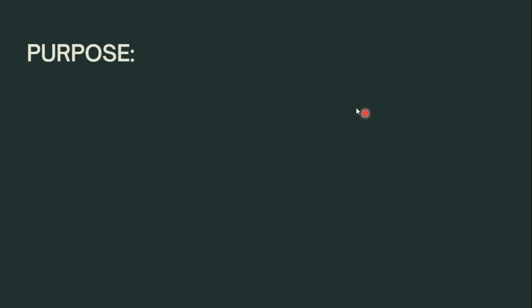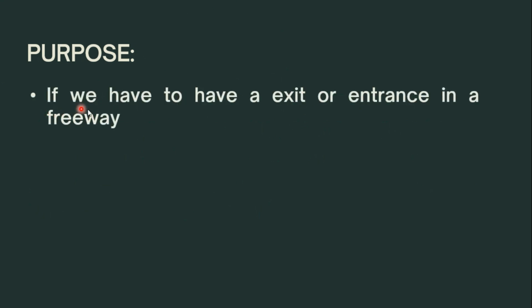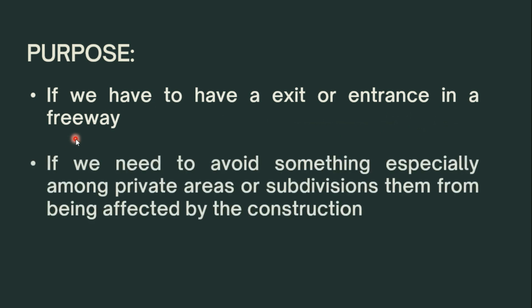So where can we use the compound curve? We can use the compound curve in expressways if we have an exit or entrance in a freeway. Also, the purpose of a compound curve is when we need to avoid something, especially private areas or subdivisions, from being affected by the construction. So generally, those are the uses of a compound curve.